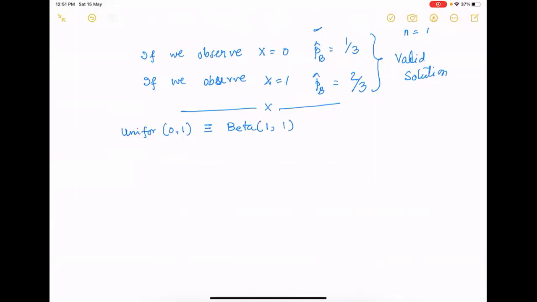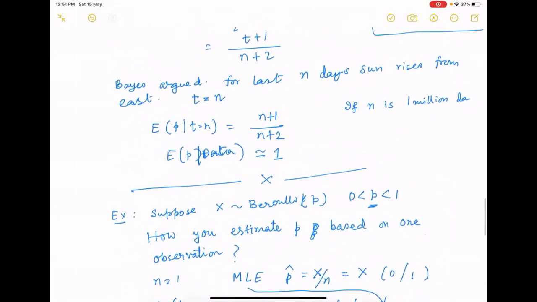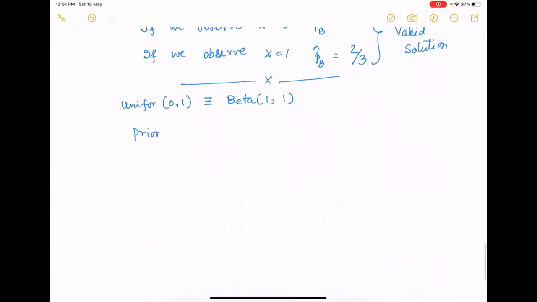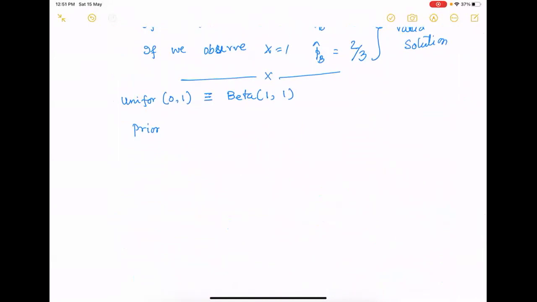So if you take beta 1, 1, you will get exactly the same answers. So I can take the prior distribution as a beta distribution with parameters A and B. If I try that, it turns out the rest of the thing is exactly the same.